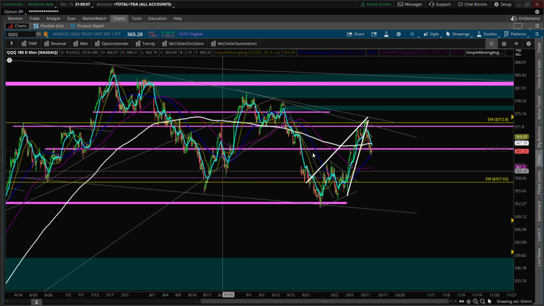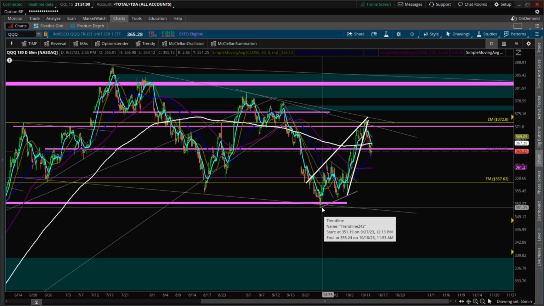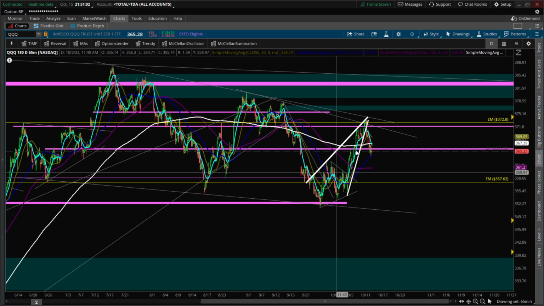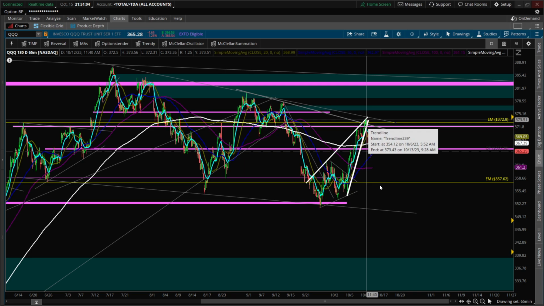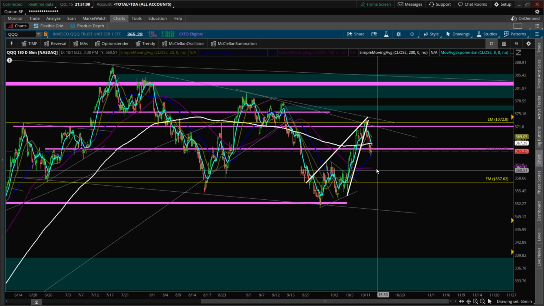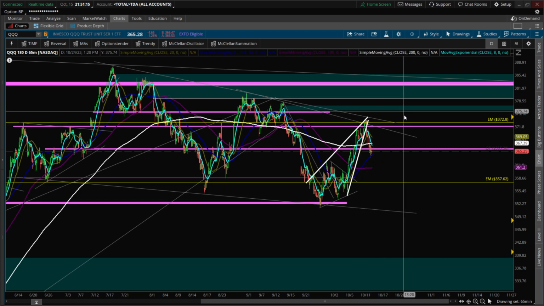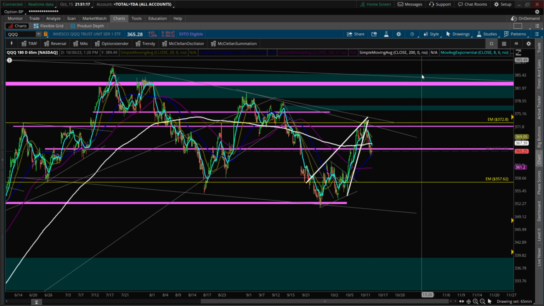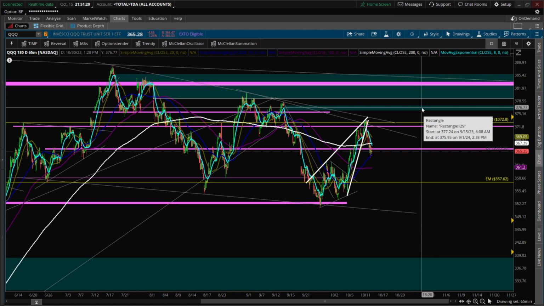You have your ABC, keep it simple. And then we're looking for some sort of impulse. And then maybe a 1-2, 1-2. We get our retracement. And then we make new highs. We break out from these downtrend lines. And we go higher.